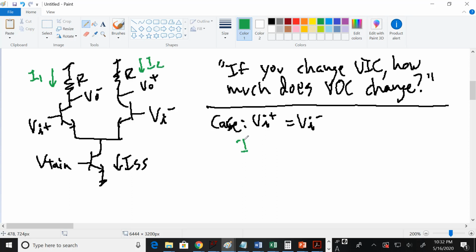In this case, I1 equals I2 equals ISS over 2.